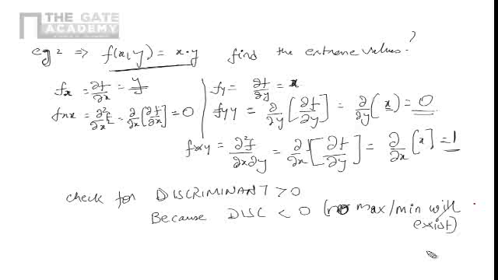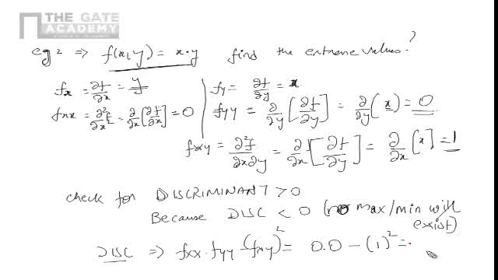So what is the discriminant? Fxx into fyy minus fxy whole square. In our case fxx is 0, fyy is 0, fxy is 1. So we get minus 1, which is less than 0.